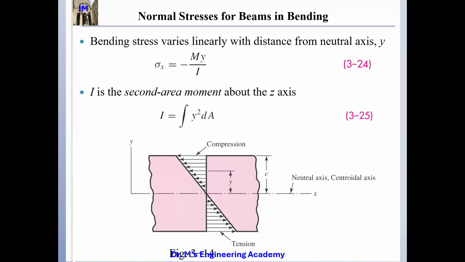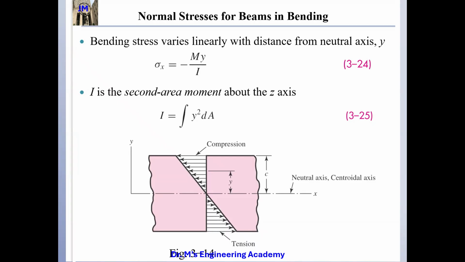This can also be explained using this equation. You can see I is constant as long as we have a uniform cross-sectional area throughout this beam. So sigma is only dependent upon y, and y is the distance between the point of interest and the neutral axis.